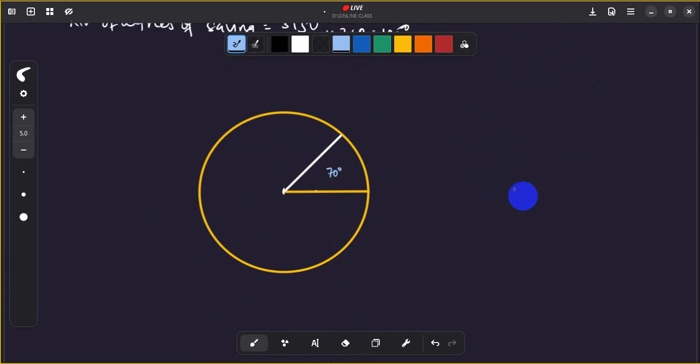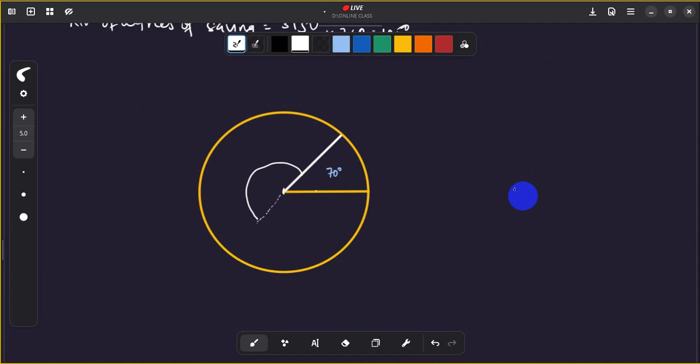Now, for 110 degrees, we need to place the protractor like this, in this direction. This line should coincide with the baseline of the protractor.